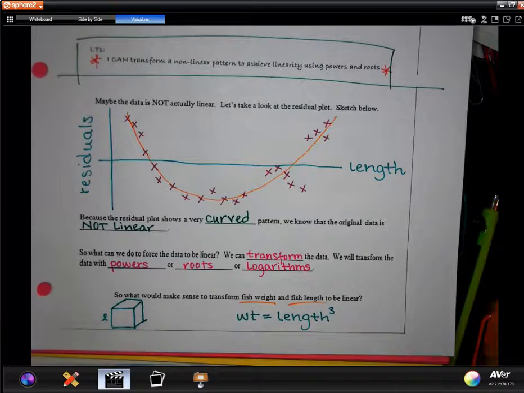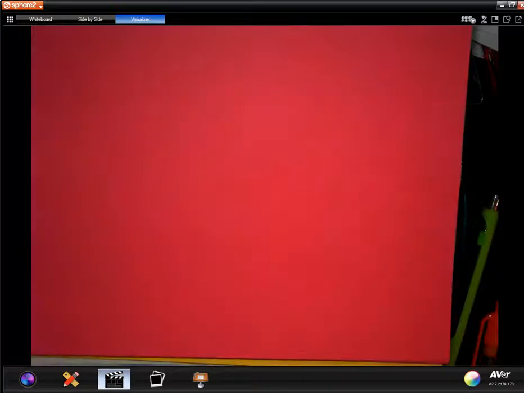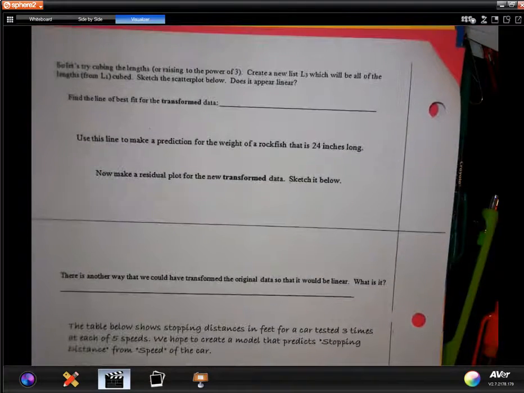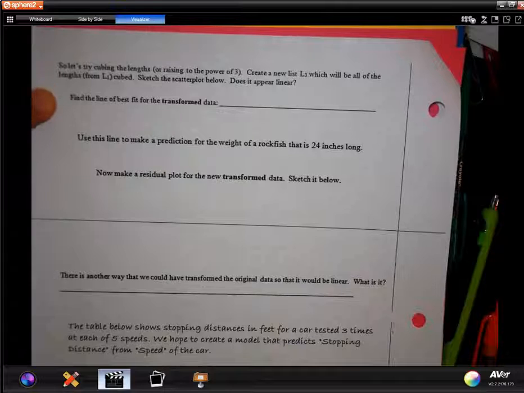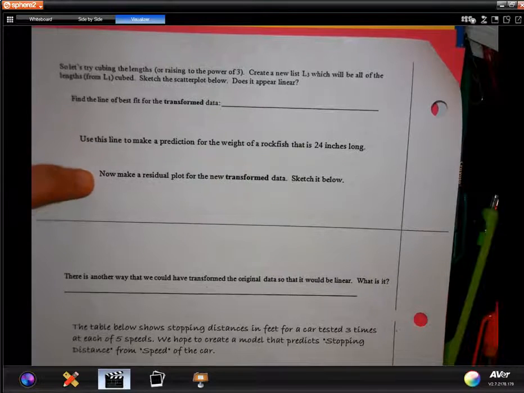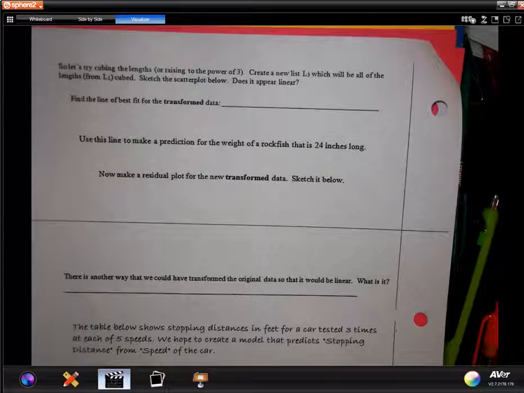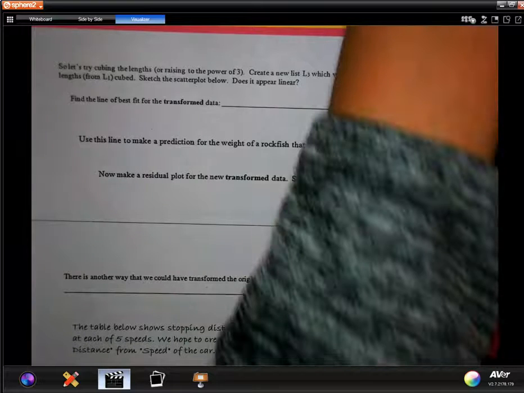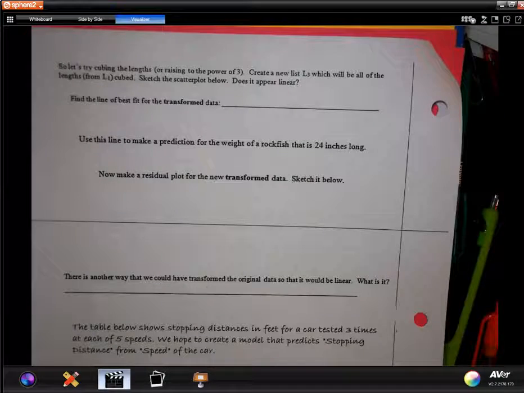So I'm going to jump back into Google Sheets. What we're going to do once we've cubed our length is find the LSRL for the new transformed data, use the line to make a prediction, and then find our residual plot for the new transformed data.